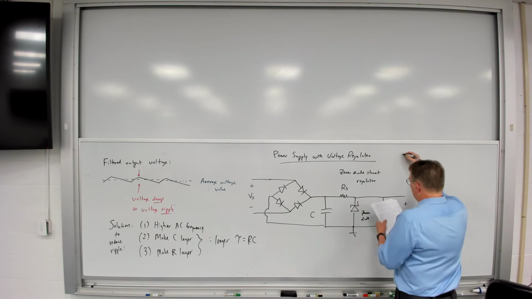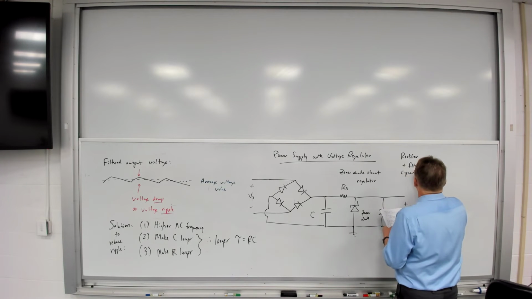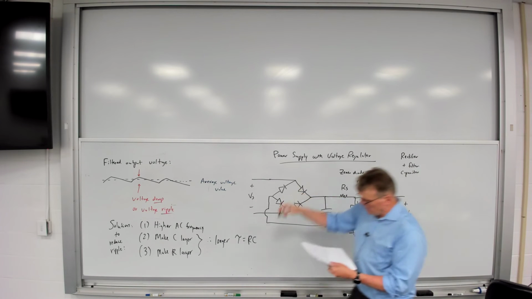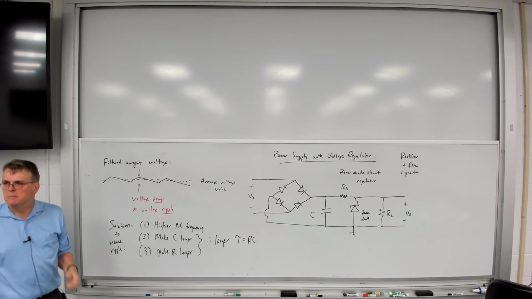Let's say I've got a rectifier plus a filter capacitor. And let's say I measured the ripple, and the ripple was 200 millivolts peak to peak.